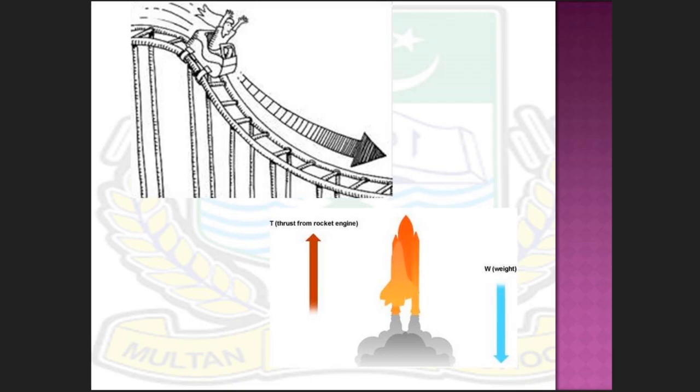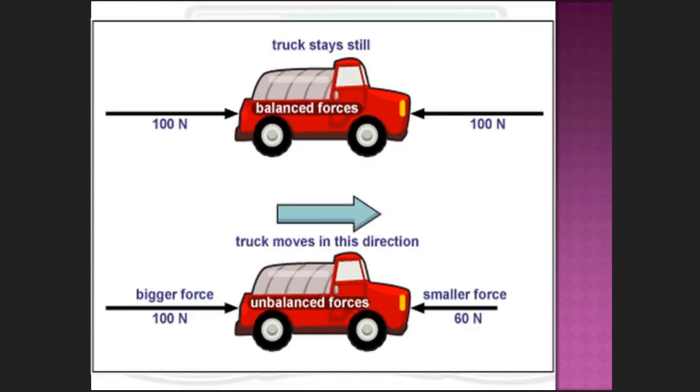Here you can see the movement of different objects like a rocket, and here again two forces are acting on it: number one, the thrust of the rocket engine, number two, its weight downward. Now all these examples are of balanced and unbalanced forces and you can better understand from here.